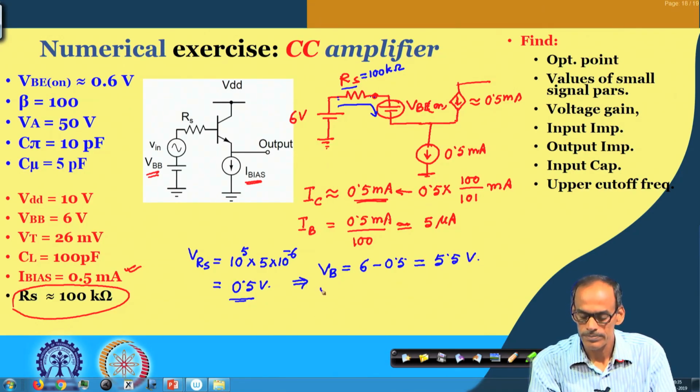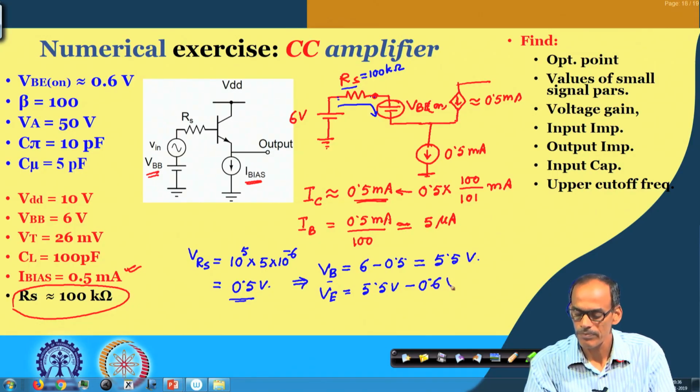And then the emitter voltage VE equals VB, which is 5.5, minus 0.6, VBE on. So, that gives us 4.9 volt.